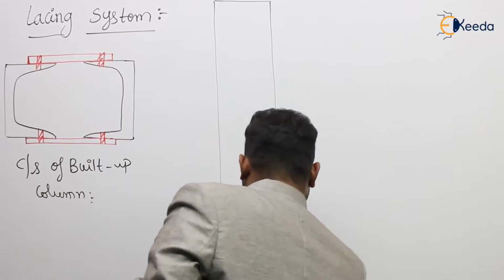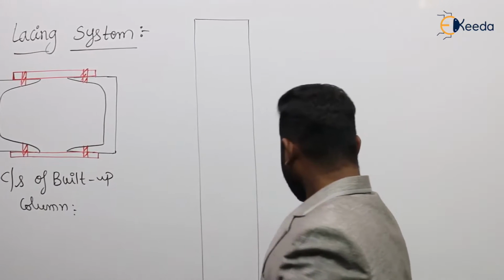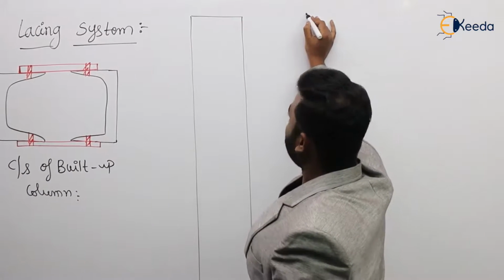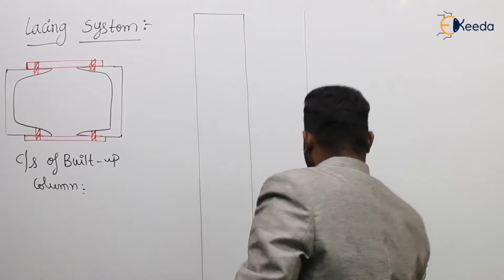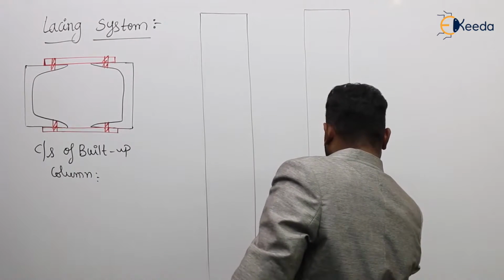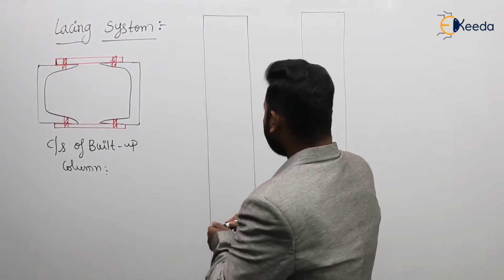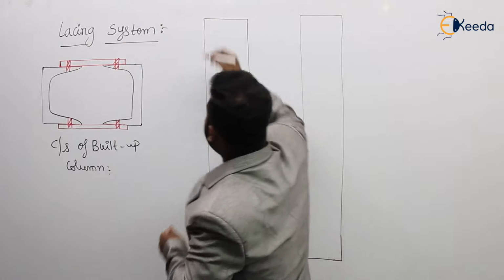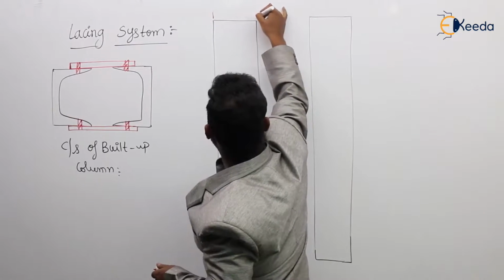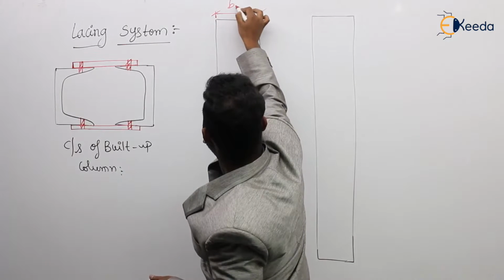So this is one flange, and this is another flange. This is the height of the column. Clear? So this is one flange and this is another flange. This is the width of the flange, BF.